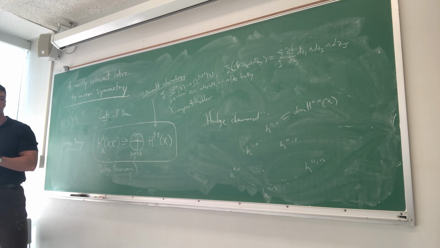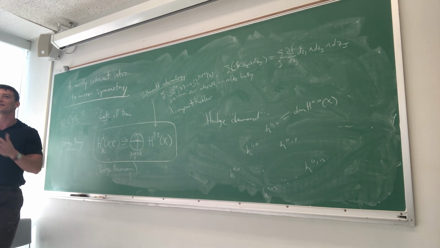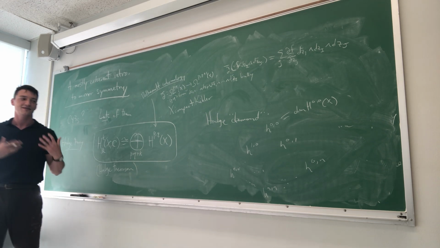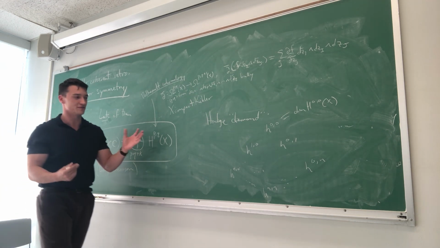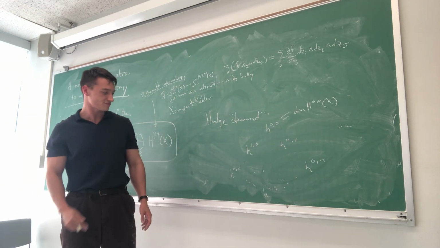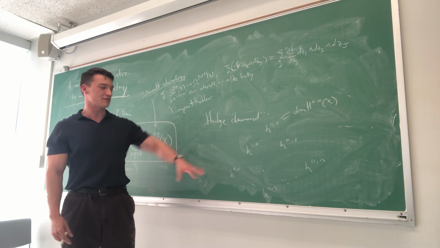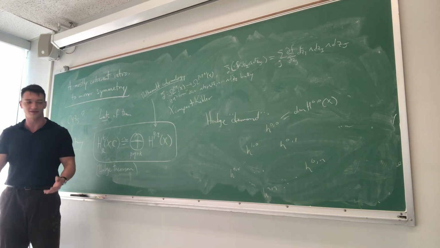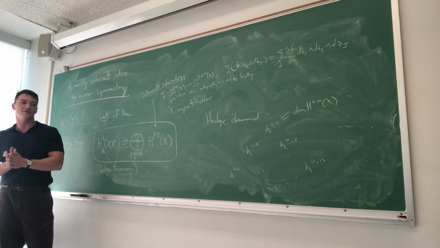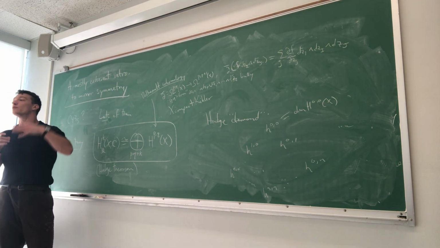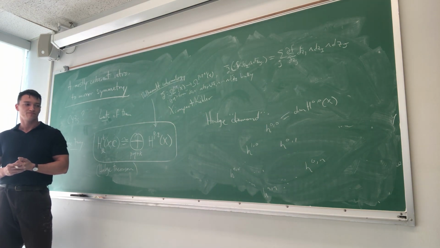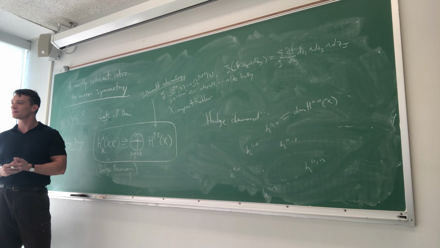It depends how you change the complex structure. If you change the complex structure on the same smooth manifold, then even though this is a finer invariant than just the Betti numbers or the de Rham cohomology, it's still not a complete invariant for the complex structure. Does that kind of answer your question?